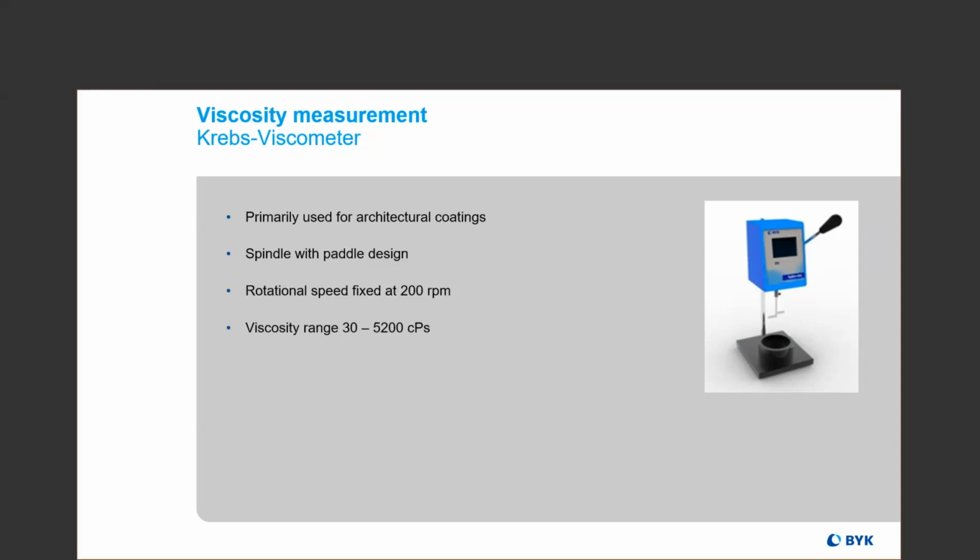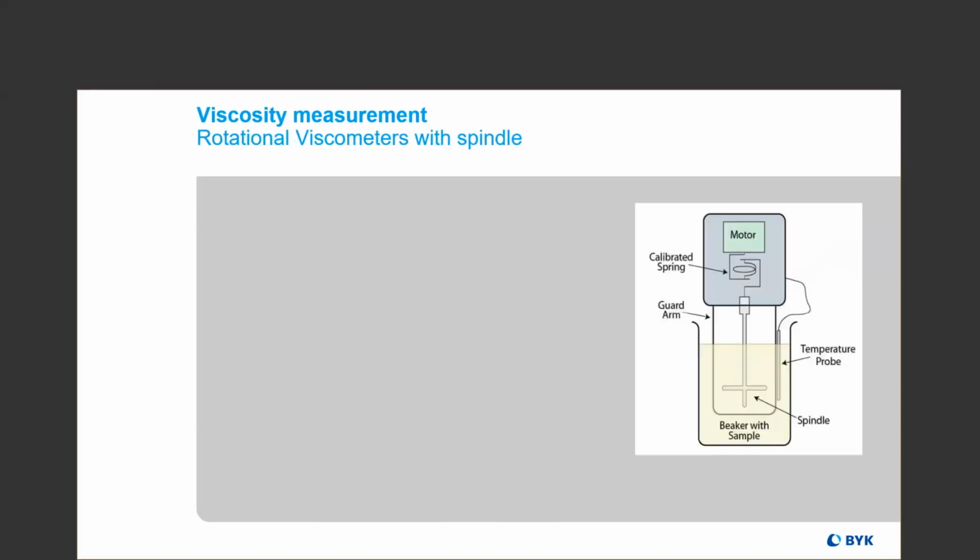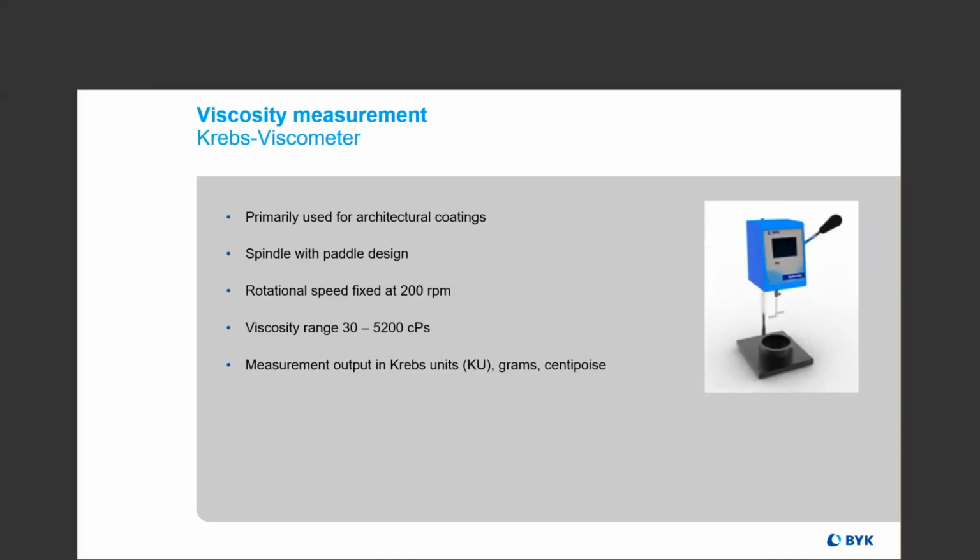So with rotational viscometers, we're now measuring dynamic viscosity. The measurement output is in Krebs units, grams, or centipoise. The idea behind the Krebs viscometers is basically that a lot of the measurement parameters are fixed. The speed is fixed. There's only one spindle.